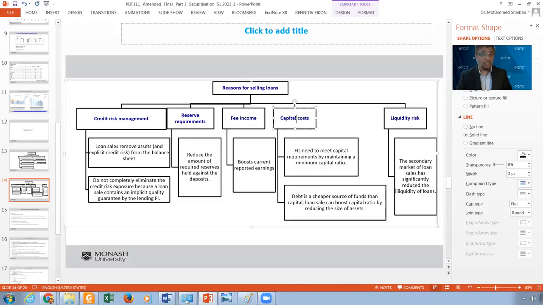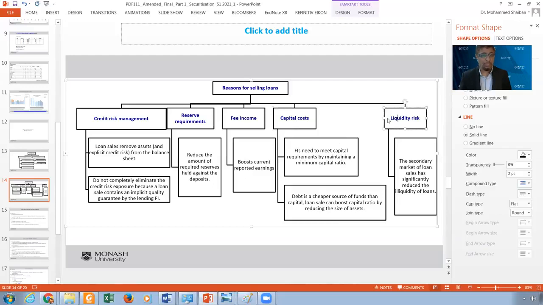So if you decrease the loans by selling them, your capital requirement decreases. If you have 100 billion of total assets and you used to keep 10.5 billion as capital, and you sell 50% of them, now you only keep 10.5% of the 50 billion, which is 50% of what you used to have. And this is a huge decrease. Capital is very expensive to raise and to maintain, okay?